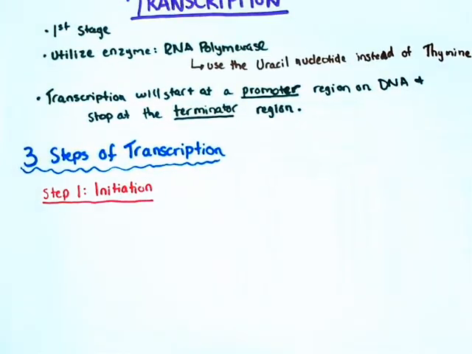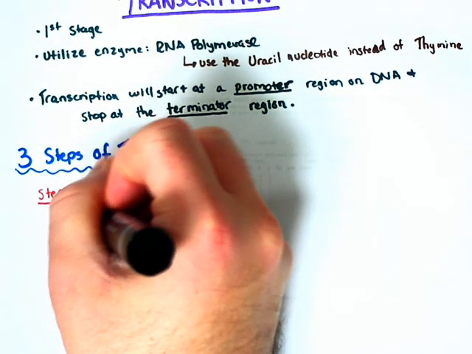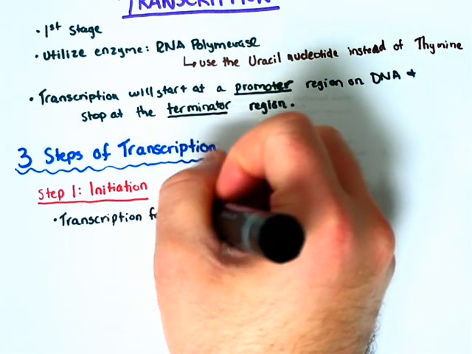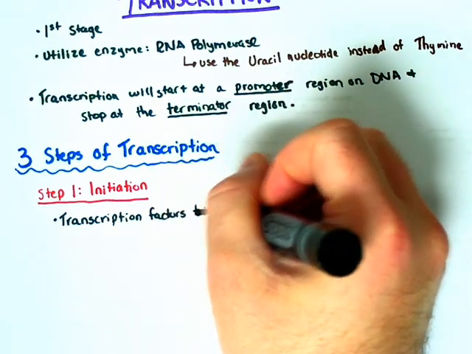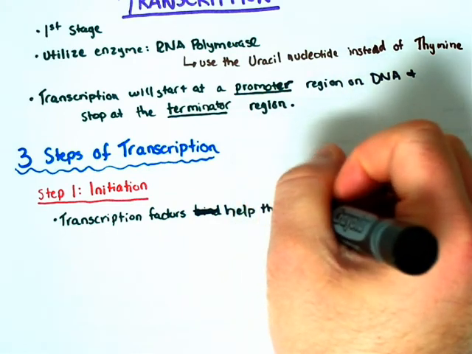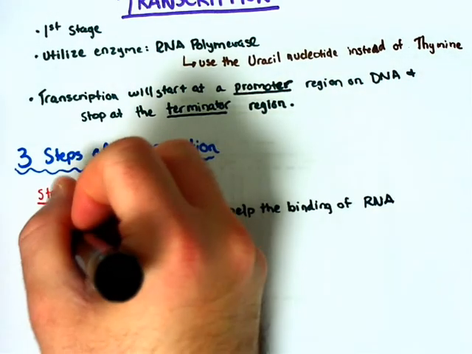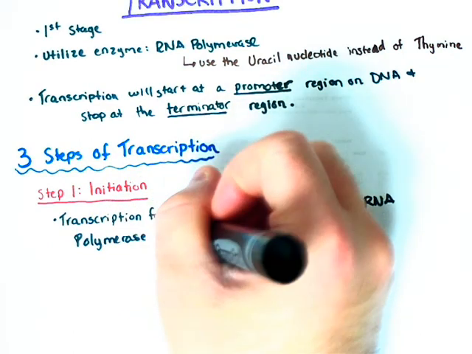So to begin the process of making RNA, probably an mRNA strand, transcription factors will help the binding of RNA polymerase onto the DNA.